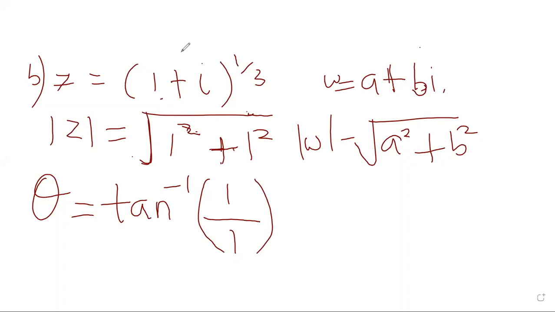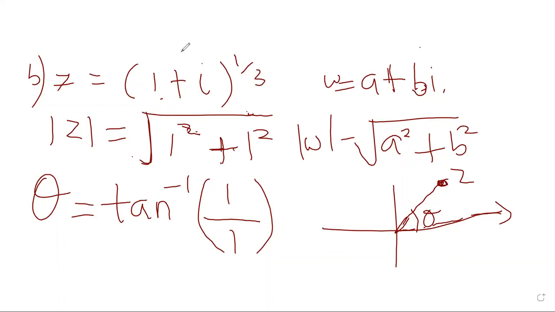So if we have the plane, and I have a complex number z on it, and we draw a line, the angle it forms with the real axis is called theta.